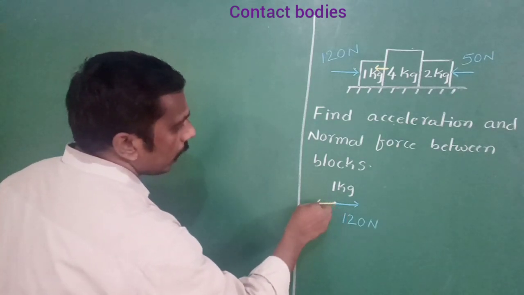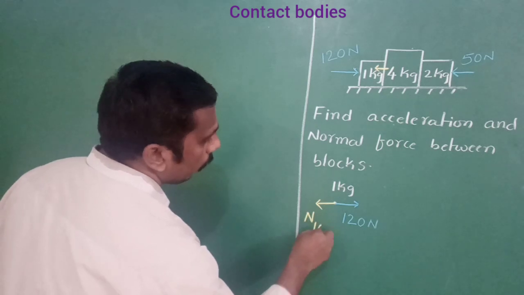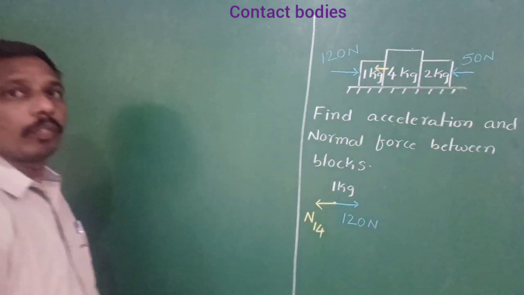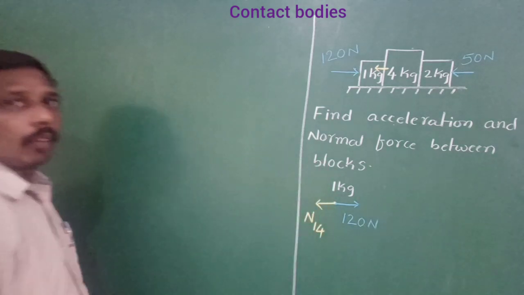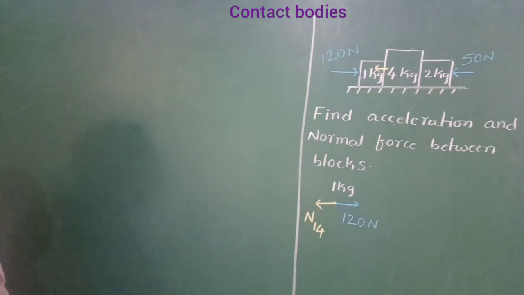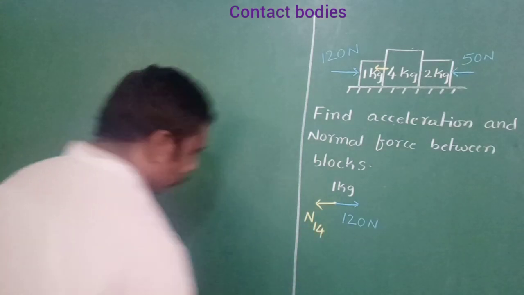This is the reaction force between the 1 kg block and the 4 kg block, N14, we are writing. Here there is no need to write the weight and normal reaction by the ground, because the 3 blocks are in vertical equilibrium. In case of vertical equilibrium, no need to consider the vertical forces, we just consider the horizontal forces.